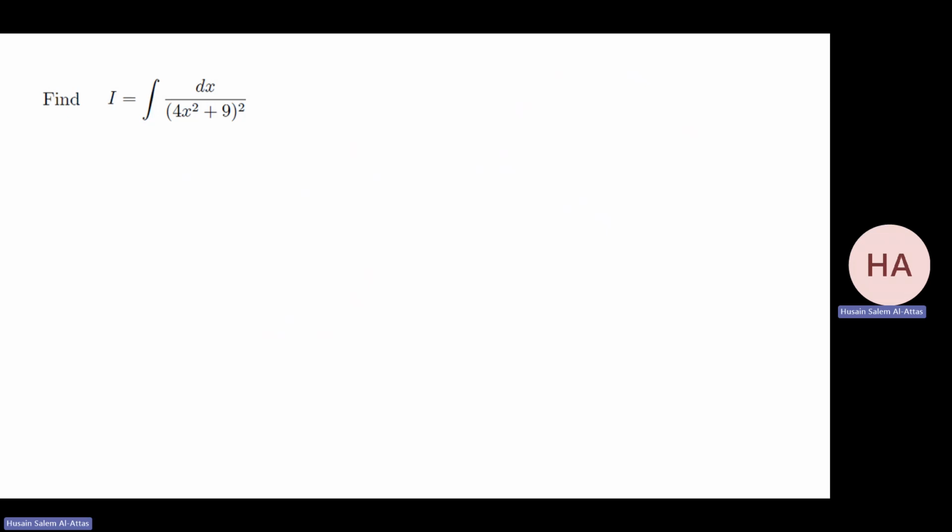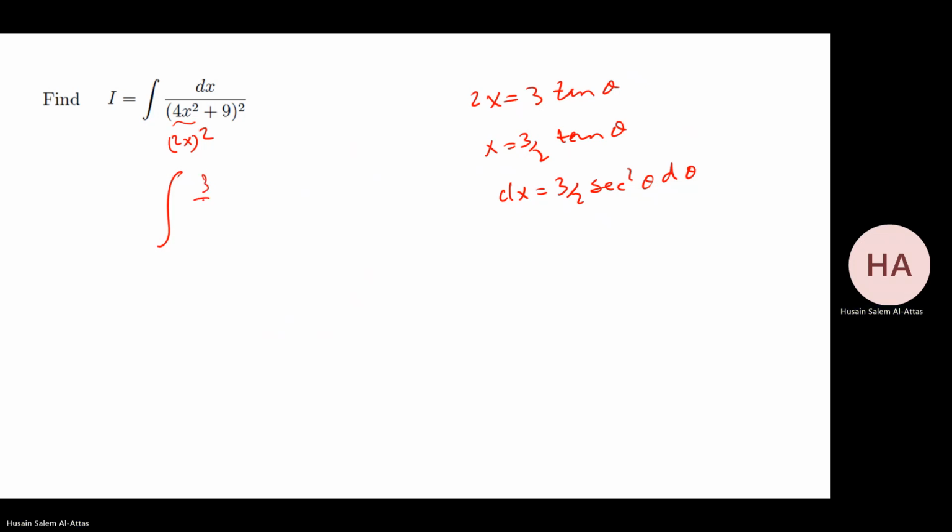The last one, that will be 2x all squared. So I have 2x equal 3 tan theta, so x equal 3 over 2 tan theta. So the dx will be 3 over 2 secant squared theta d theta. Plug the numbers. Hopefully it's not that difficult. That will be 3/2 secant squared theta d theta over 4x squared plus 9.